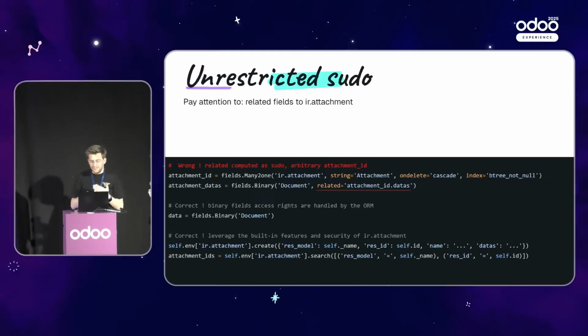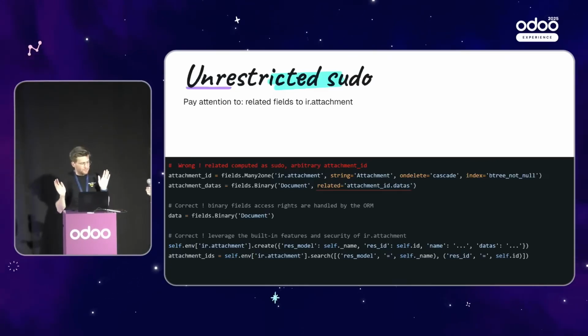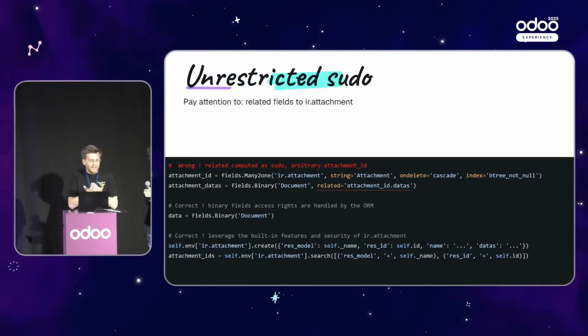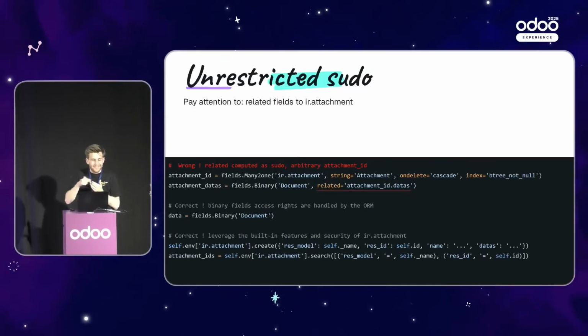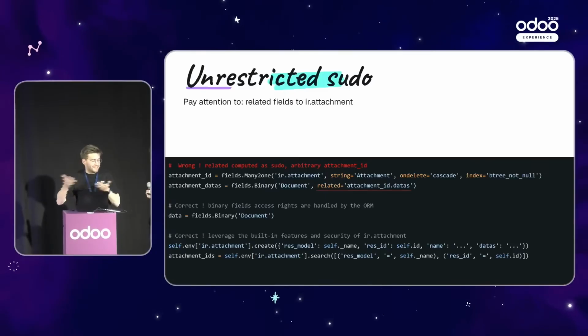So the solution in this case would simply be to not do the many2one, to not do the related, and just do fields.Binary, and that's it. That solves it. Let's say that you absolutely need to access the record itself, then you can do a search on ir.attachment with res_model, res_id, and that's it.